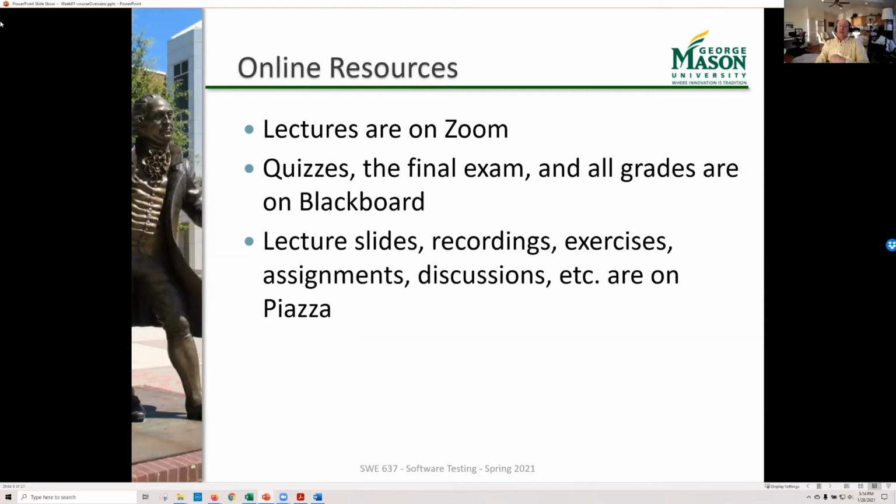In fact, GMU will be purchasing a Piazza enterprise license at some point during this semester. So Piazza is going to get their money off of us, and I sent them $10 because, okay, fine. But don't feel compelled to donate any money to Piazza. They're going to have an enterprise license through Mason, so they'll get taken care of.